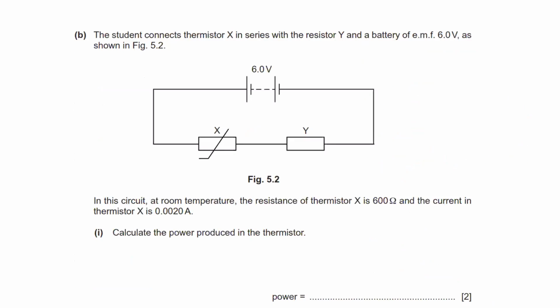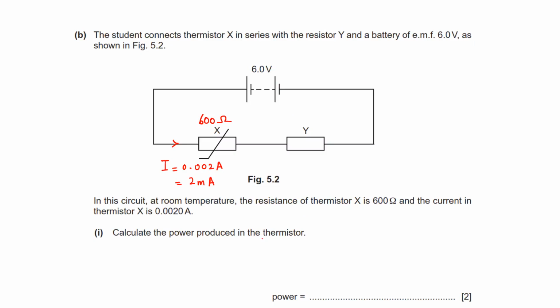Next, part B. It says the student connects the thermistor X in series with the resistor Y and a battery of EMF 6 volts, as shown in figure 5.2. The circuit is at room temperature. The resistance of thermistor X is 600 ohms, and the current flowing through this thermistor is 0.002 ampere, or 2 milliamps.